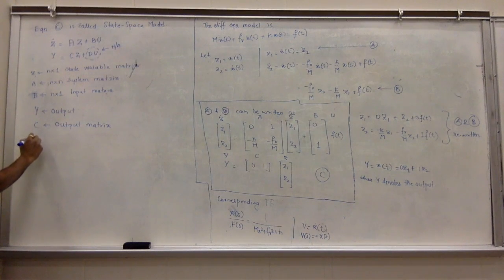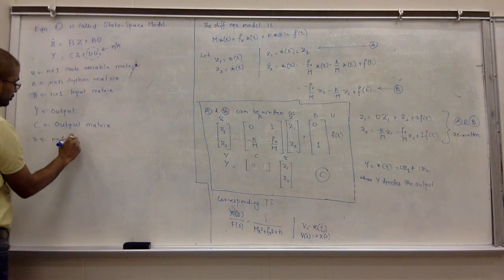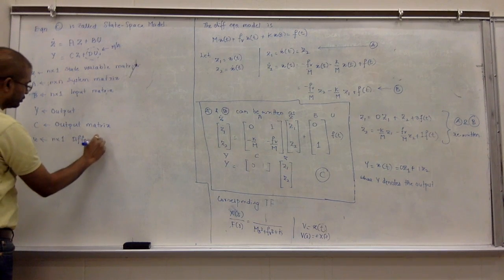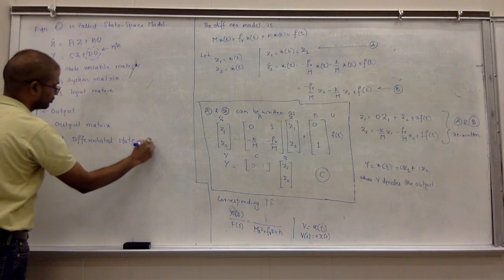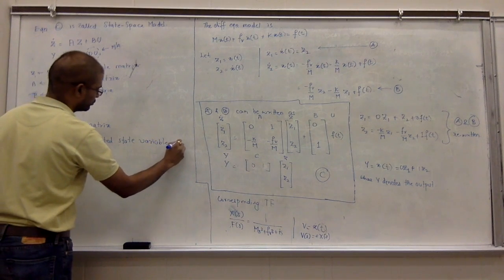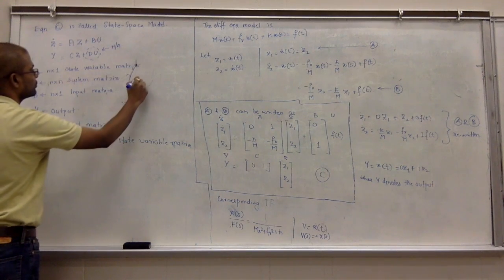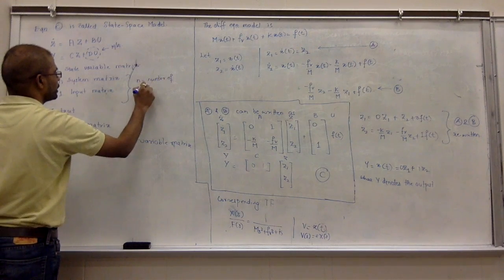What is z dot? Z dot is simply n by 1. What's n by 1? Alex. N is the number of state variables.